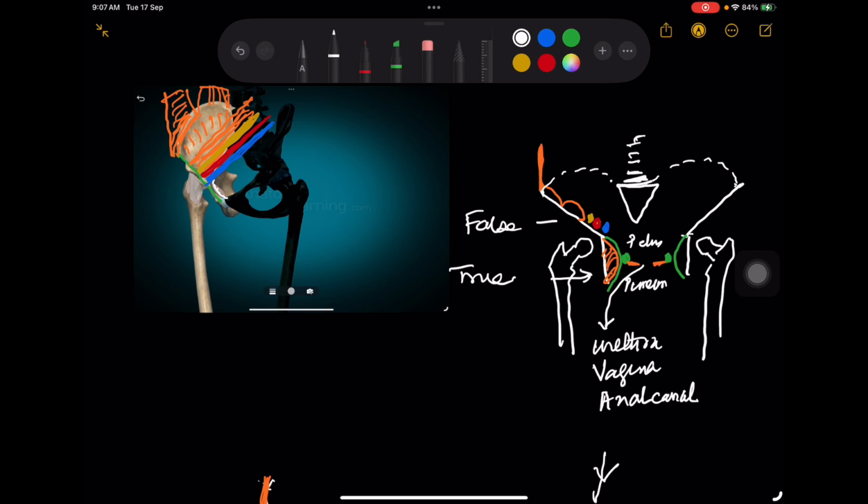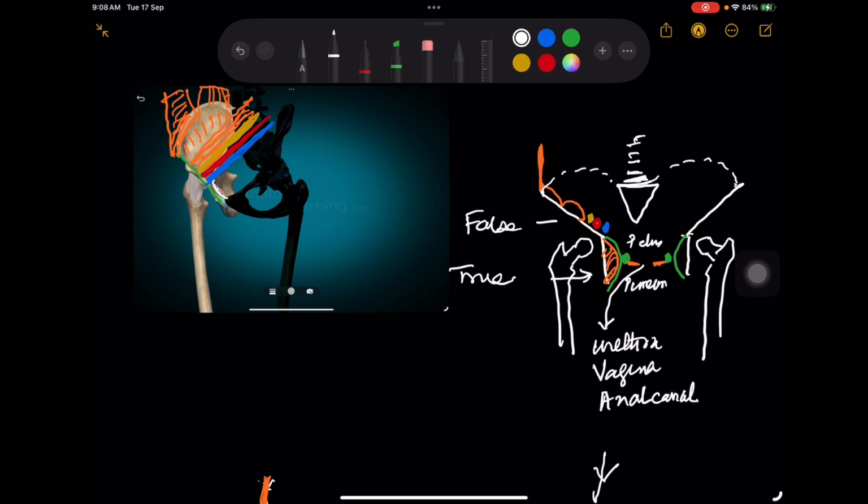In the true pelvis, lining its medial surface is the obturator internus muscle covered by the fascia transversalis and the tendon of the levator ani. The levator ani divides the true pelvis into above the levator ani, which is the pelvis, and below the levator ani, that is the perineum.